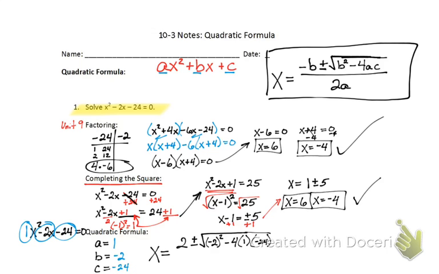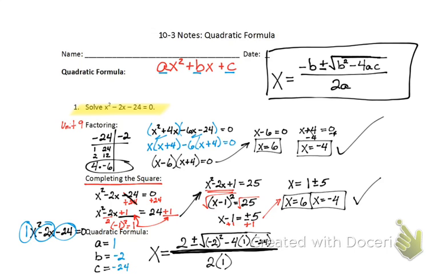And then all of this, write your fraction bar all the way across, all of this gets divided by 2 times a, which again in this case a is 1. So there you go. All you've done is plug in a, b, and c into the quadratic formula, and now you can simplify.